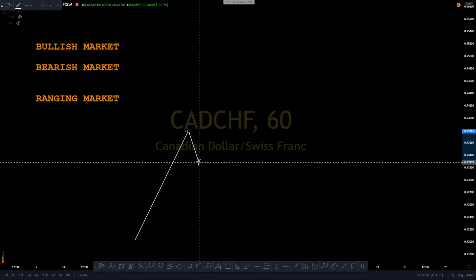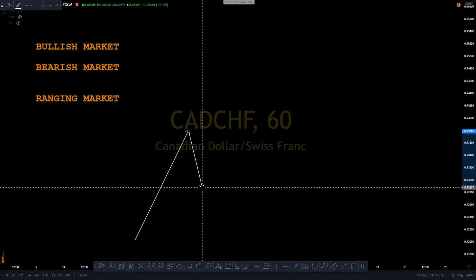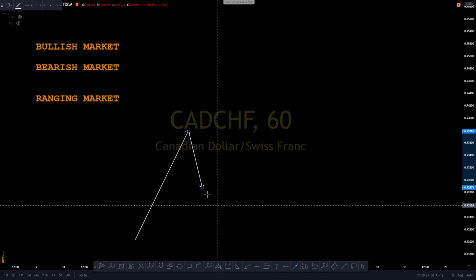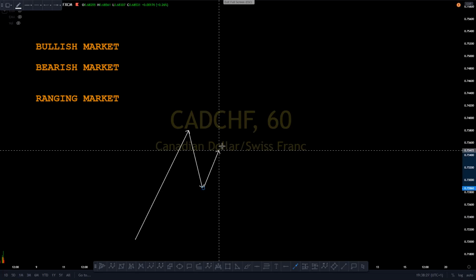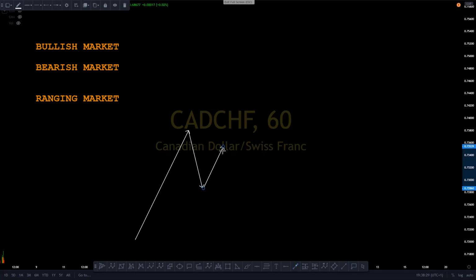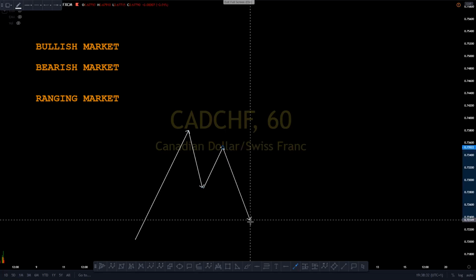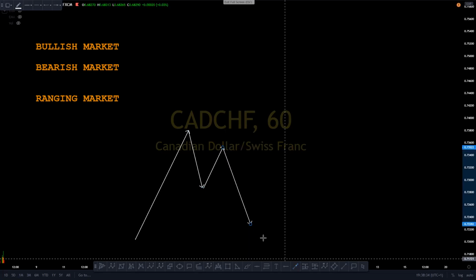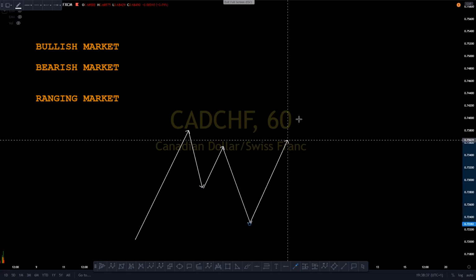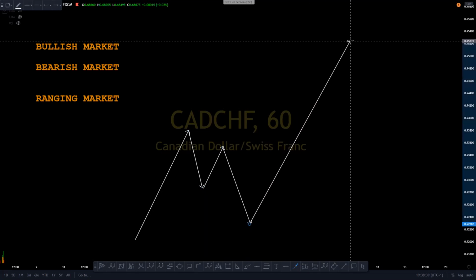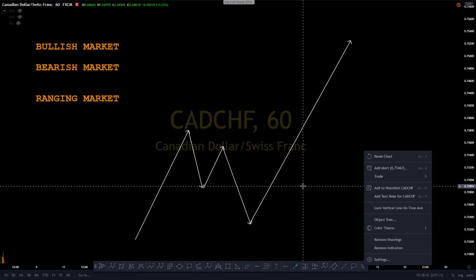It can come in a zigzag form, a triangle form, a symmetrical form, any form. Sometimes you might get a sharp zigzag like this, and after that, you get another push up.